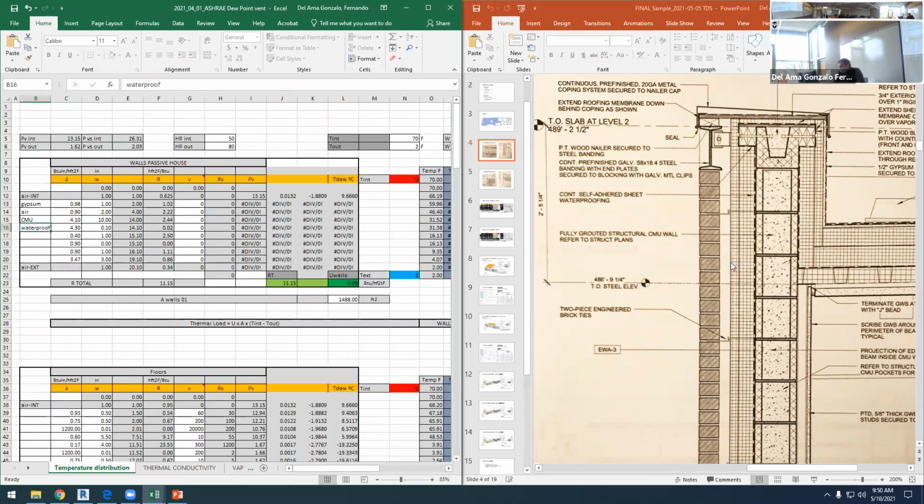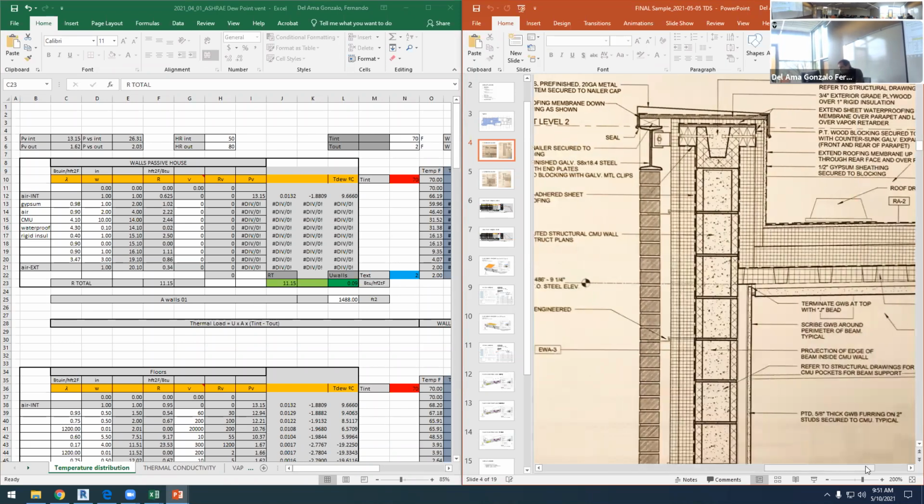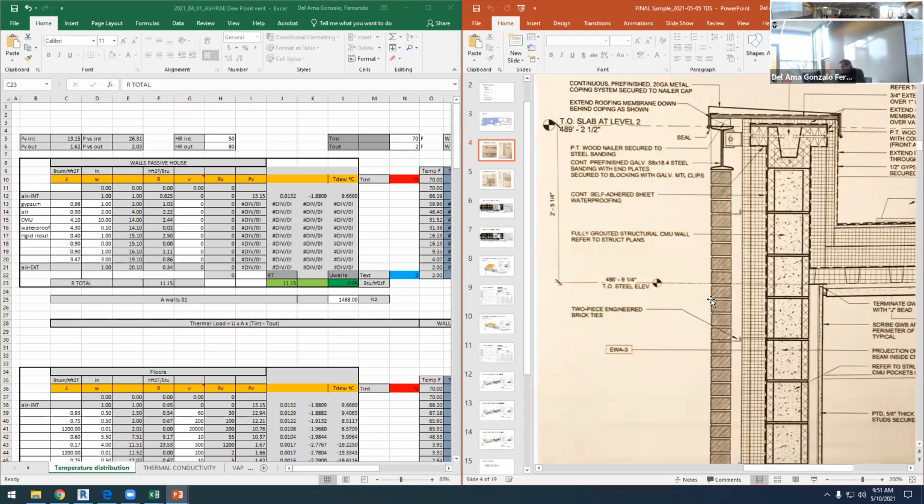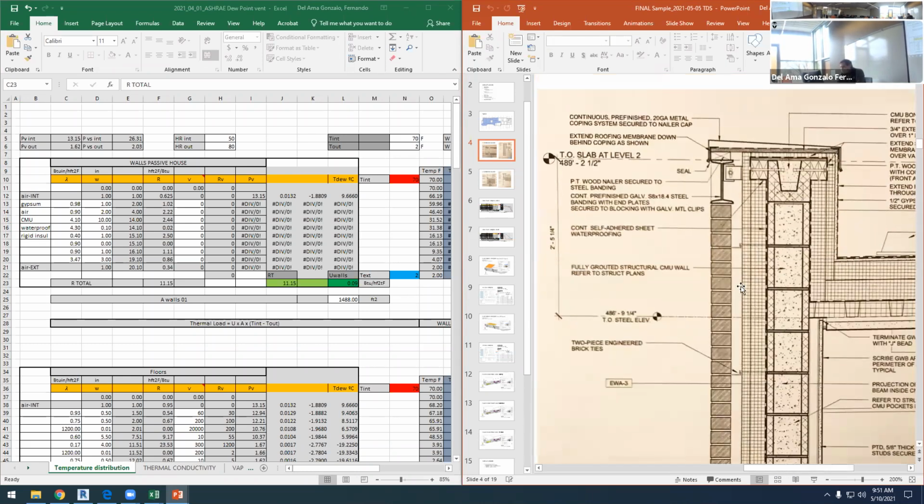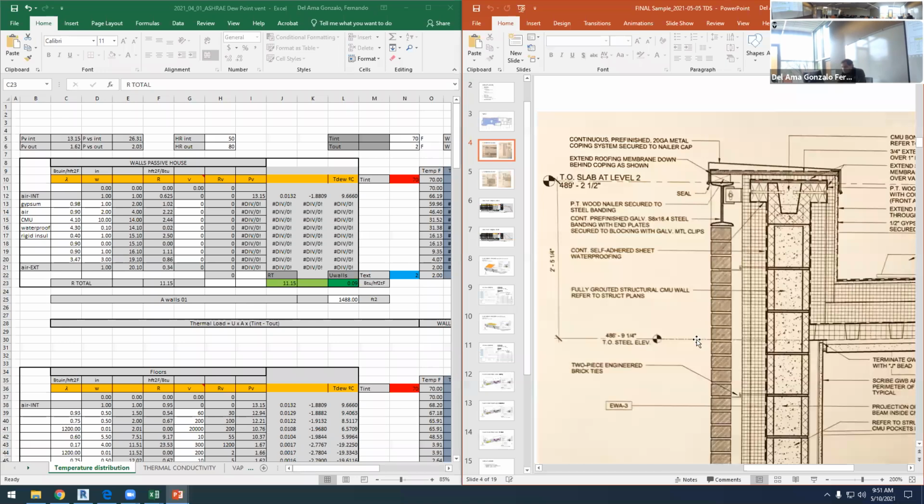So we have the waterproof, then we have the rigid insulation. What is the thickness of this rigid insulation? We do have information here. We don't. Okay, so this detail can be better.